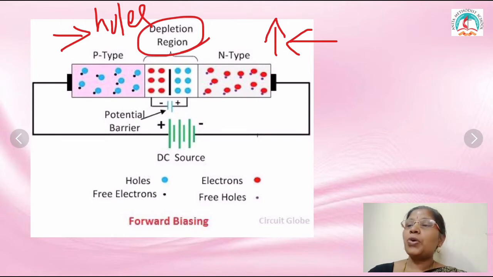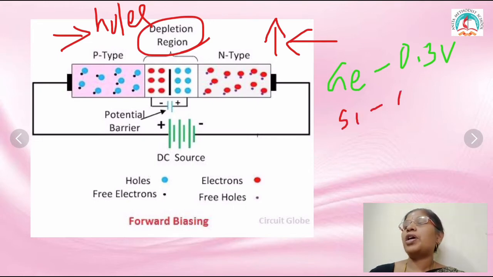So the potential barrier is developed in between. For germanium, the potential barrier value is equal to 0.3 volt. For silicon, the potential barrier value is equal to 0.7 volt.